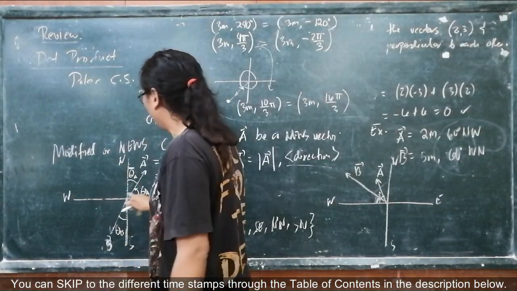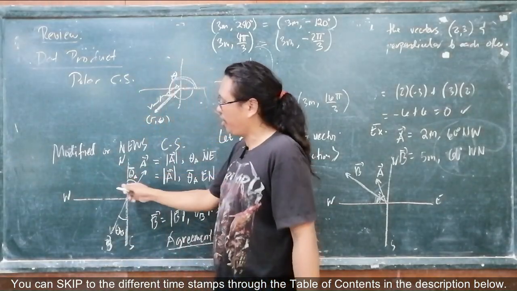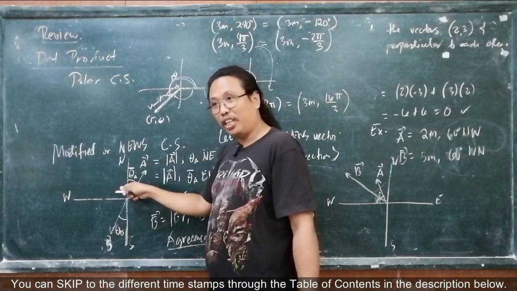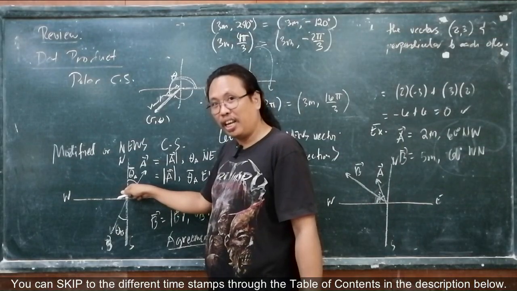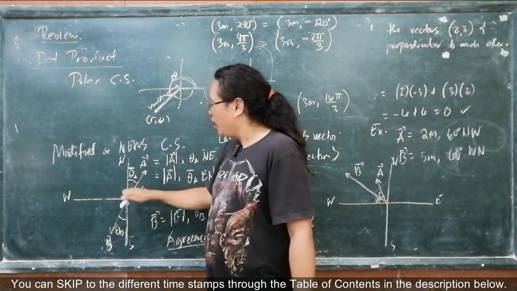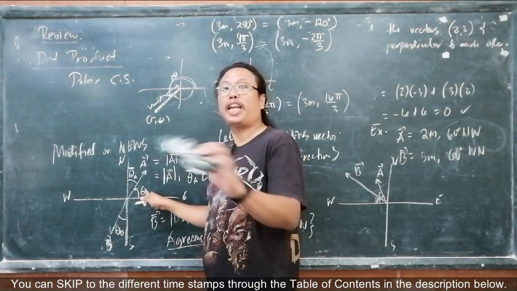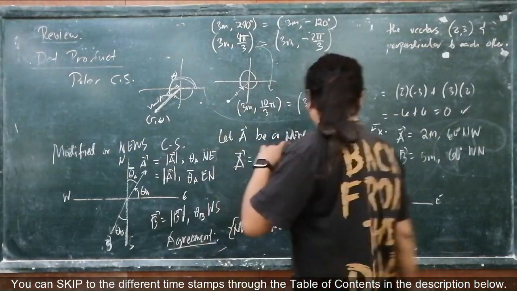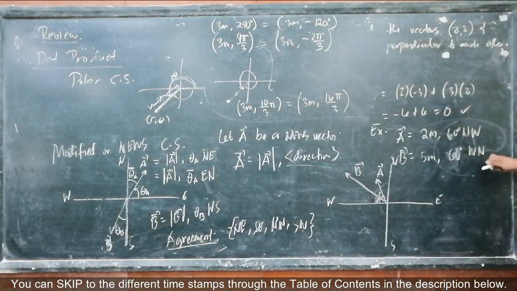Because even if the vectors are given, even if the angle is given, in this side you can actually define this by just subtracting it from 90 degrees, right? In fact, this is west-north.